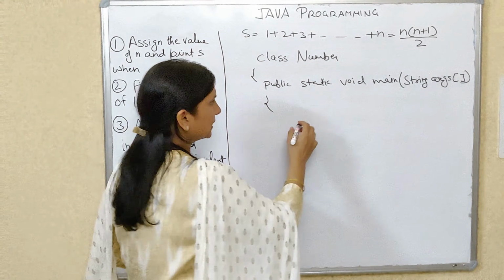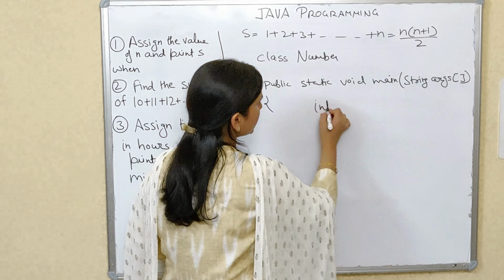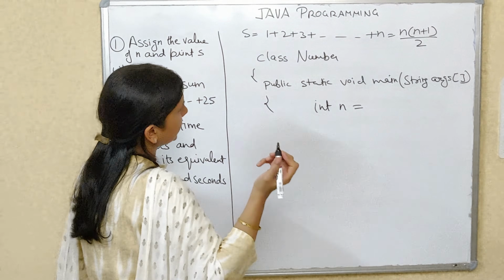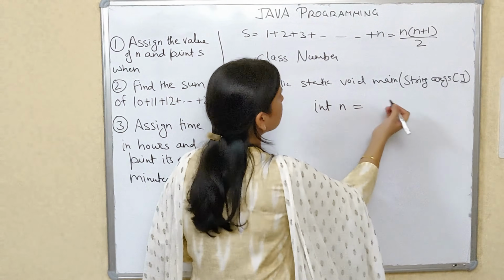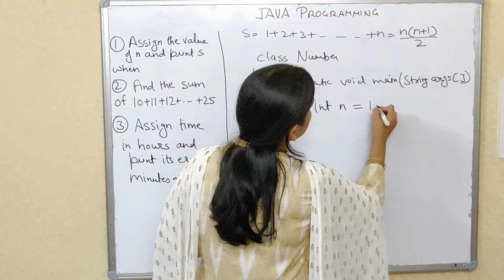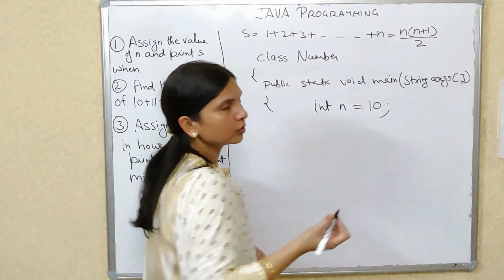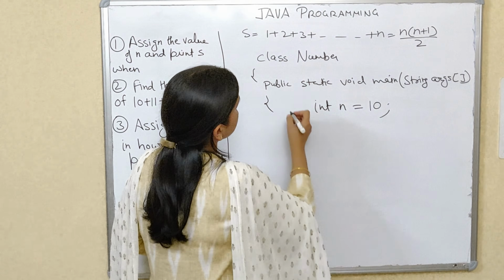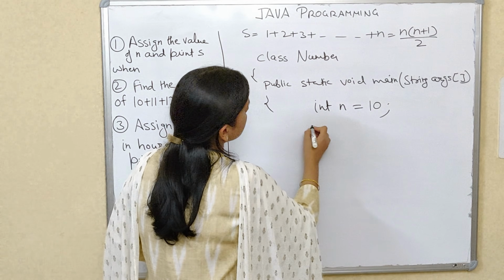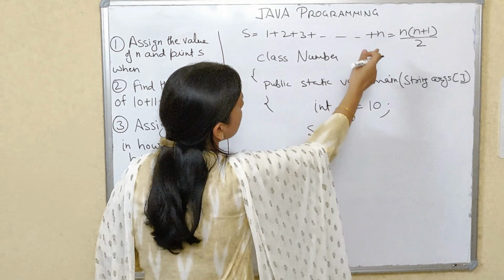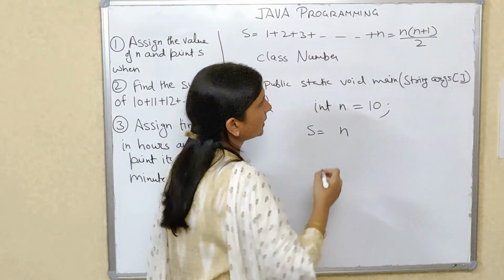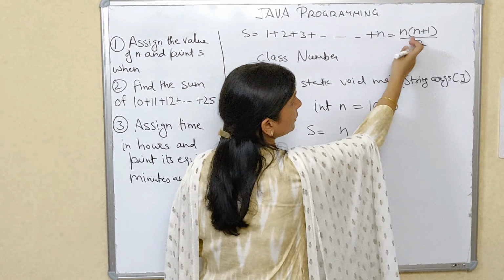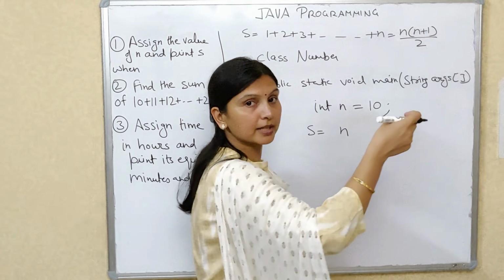So we will take a variable n, which type? Int type. And the value I can take any, like suppose I have taken 10. Fine. Now what is the value of s? So s equals to, what is the formula? As we know, in a Java expression we cannot write n bracket start n plus 1.